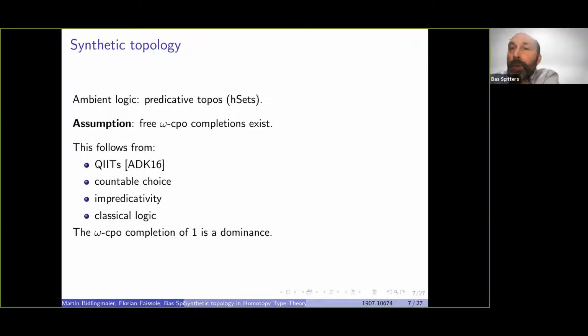But if you're working in an actual impredicative topos, then we would certainly have such a free omega CPO completion. If we have countable choice, it would exist. If we have classical logic, it would exist. So the gadget we're going to look at is the omega CPO completion of 1. And this will be a dominance. So basically what we're doing is adding a bottom element to the one-point set.